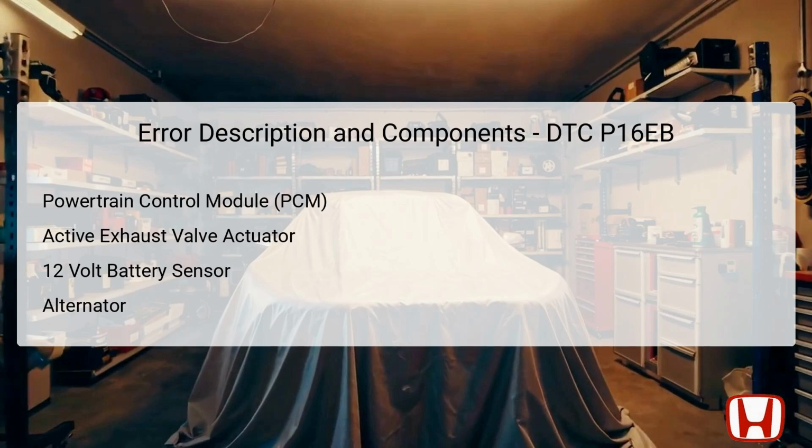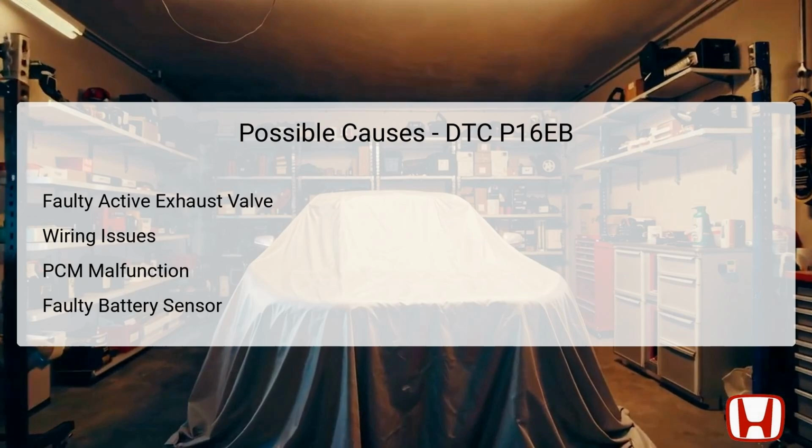This error typically arises when the PCM cannot correctly interpret signals from the active exhaust valve actuator due to wiring, circuit faults, or component failures, leading to performance issues in the vehicle's exhaust system. There are several potential causes behind the LIN communication error indicated by DTC P16EB.